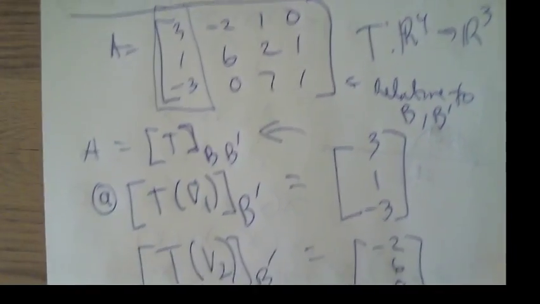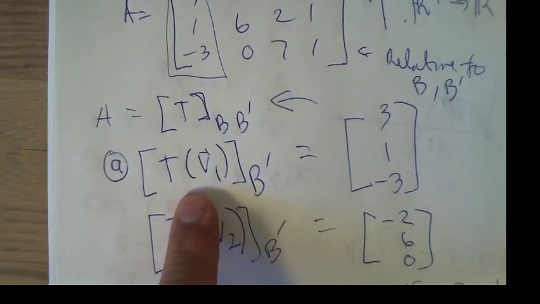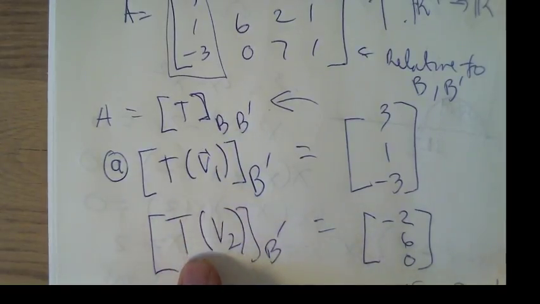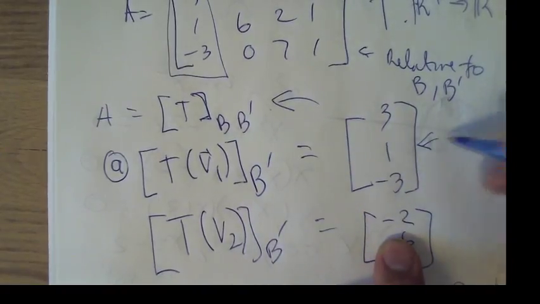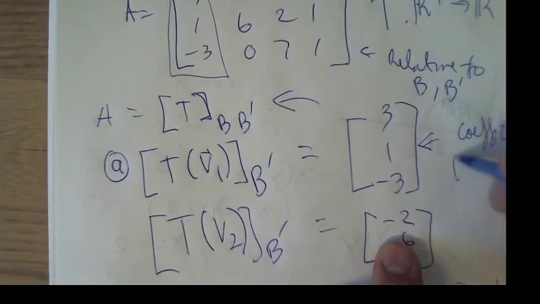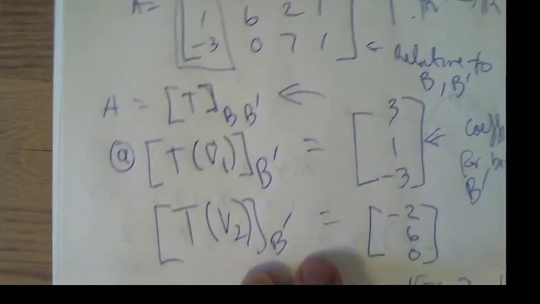So what that means is that they took the transformation of the vector v1 and wrote that in terms of the column vector. Remember, these vectors are coefficients for the bases, in this case B prime.